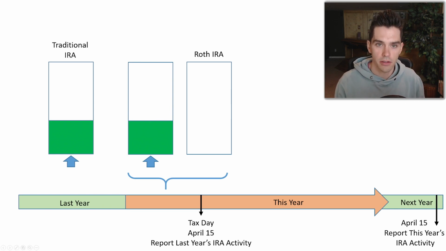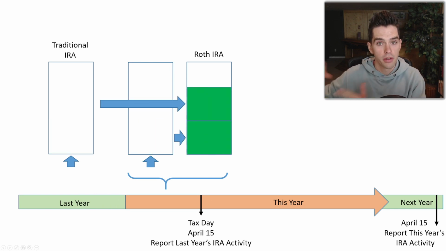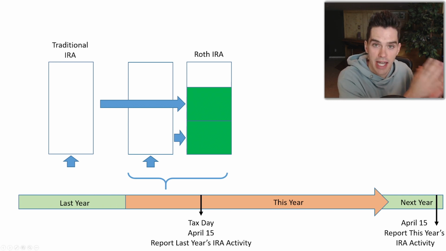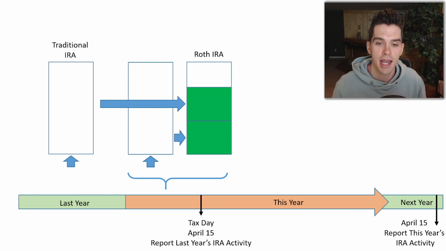And once those are settled, you convert them both to your Roth IRA. As you might guess, the first contribution has to go on last year's tax return, but the contribution to your current year IRA goes on this year's tax return, as well as the conversion of all the money, both the money that was credited to last year's contribution, as well as the money for this year's contribution.